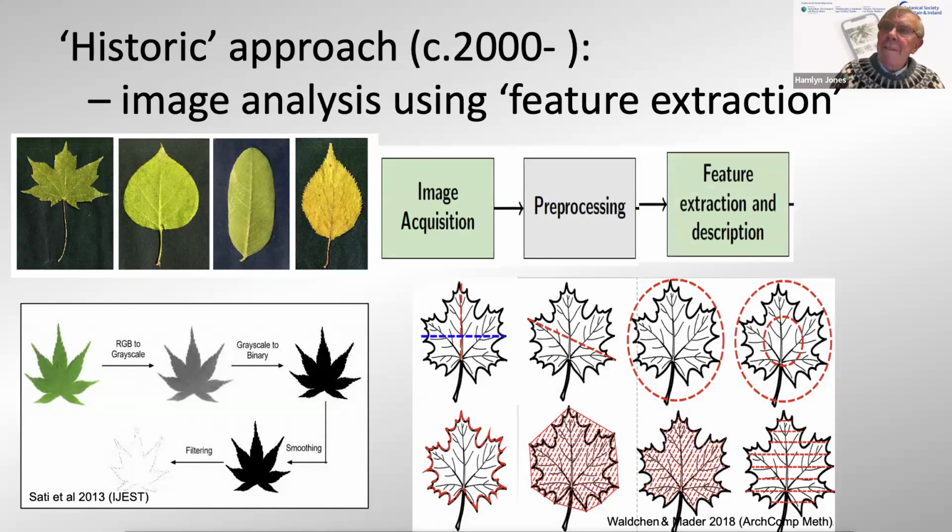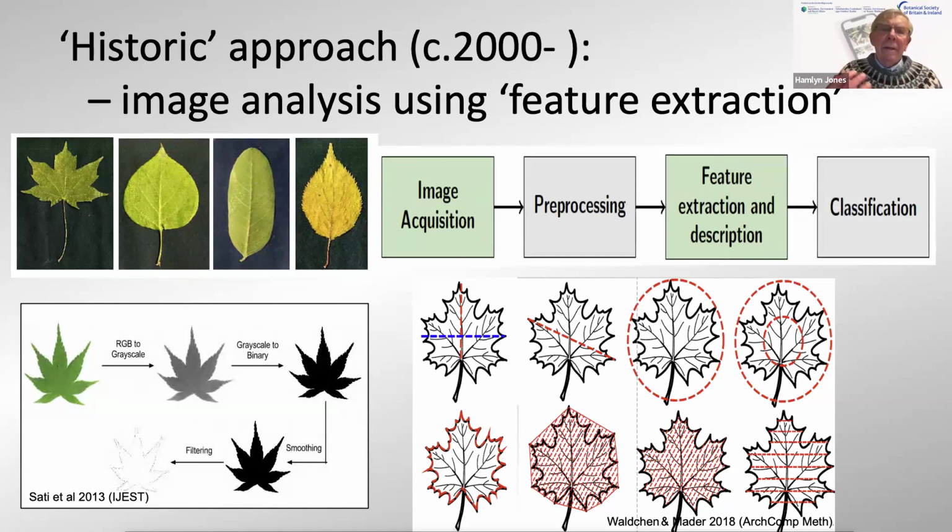For these leaf examples, you would extract a number of parameters, such as the length and breadth of the leaf, the angular dimensions, the area, the area overlain by the outline, and so on. These are digital numbers which described the leaf.